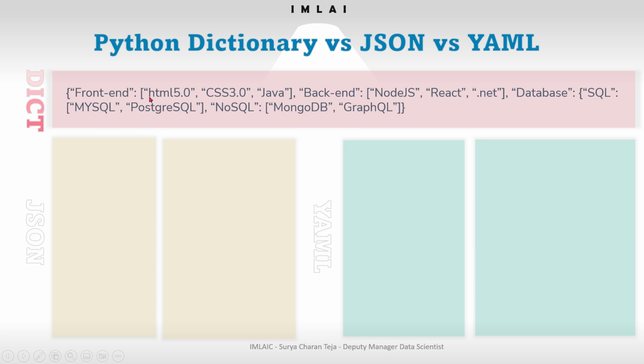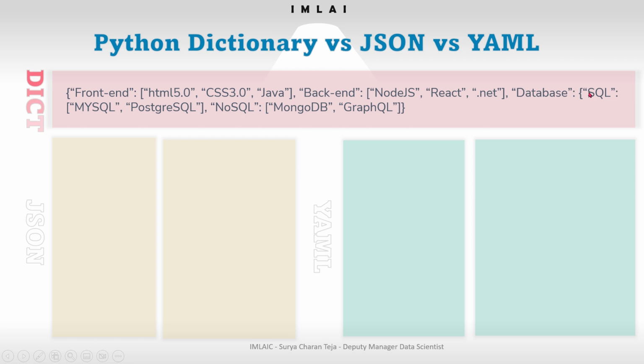The front end consists of a list of tools, that is HTML, CSS, Java, and the backend consists of a list of tools: Node.js, React.js, .NET. The database consists of two nested dictionaries. One is SQL, the other one is NoSQL.